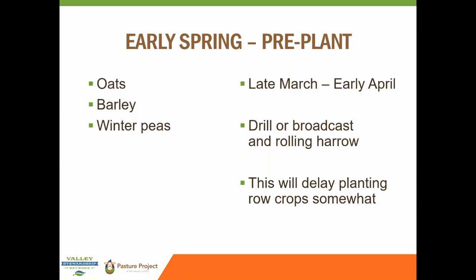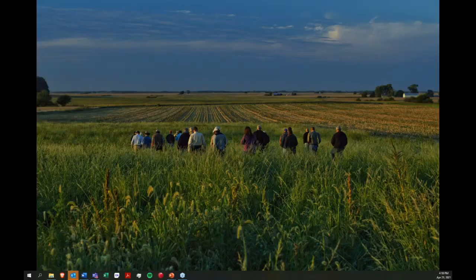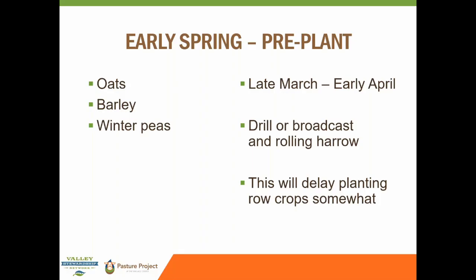I would say, when we're in western Wisconsin, we're going to be looking at that early springtime being late March into early April. And if it's possible at that time to come in and drill oats, barley, winter peas would be a good option. That's a pretty simple mix, but it'll grow forage and they'll germinate at lower soil temps.